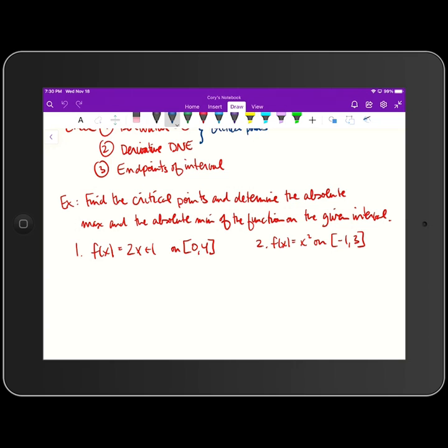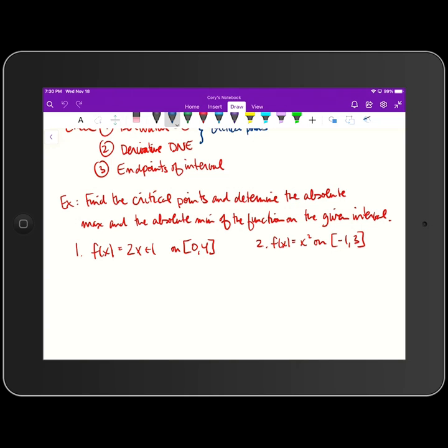So when we look at number 1, the function f of x is equal to 2x plus 1. That function is linear, which makes it a polynomial. We know the domain of a polynomial function is all real, so that polynomial function is defined everywhere, thereby making it defined on the closed interval from 0 to 4, and therefore it is continuous on that closed interval.